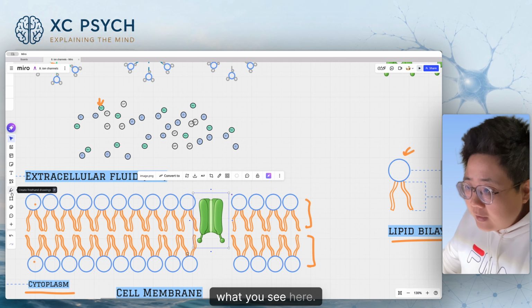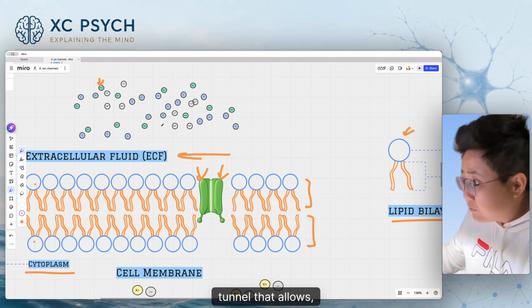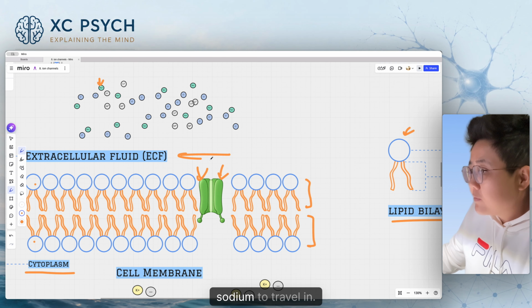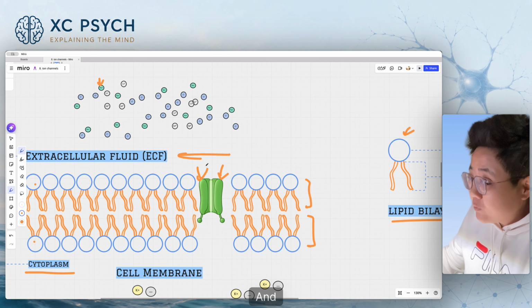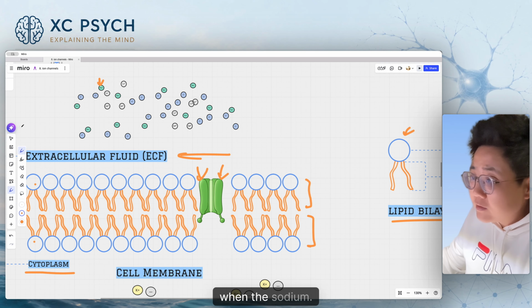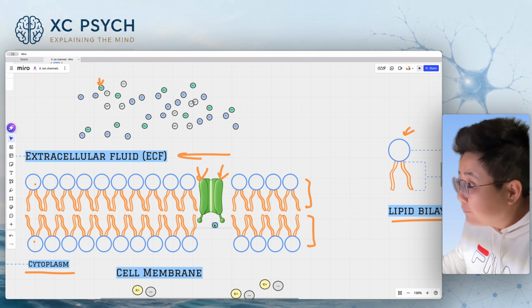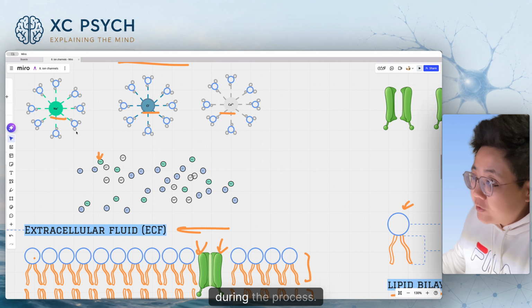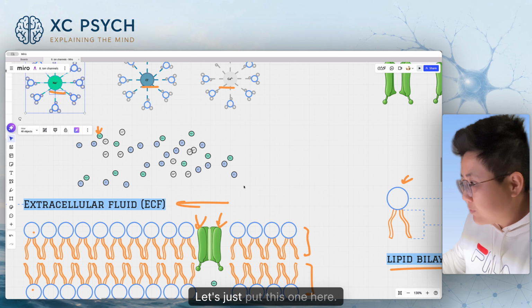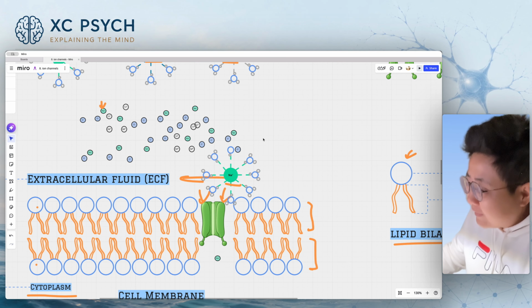Basically, what you see here is a special tunnel that allows sodiums to travel in. And a fun fact is that when the sodium travels in, during the process, the gate will say, do you have water?